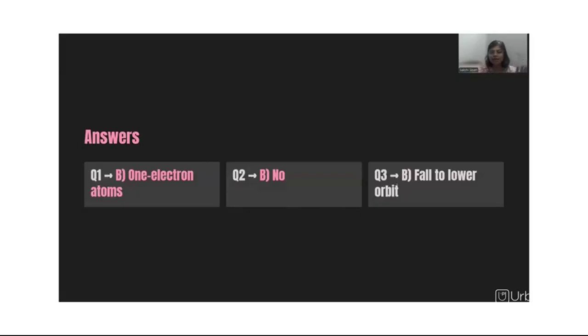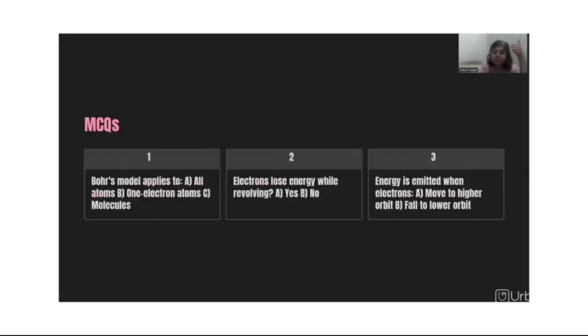So here I have the answers. Bohr's model applies only to one electron atoms, as I told you: hydrogen, helium plus, lithium 2 plus. Next, do electrons lose energy while revolving? I clearly told you electrons do not lose energy and they do not even gain energy, so the answer is no. Question number 3: energy is emitted when electrons fall from a higher orbit to a lower orbit.